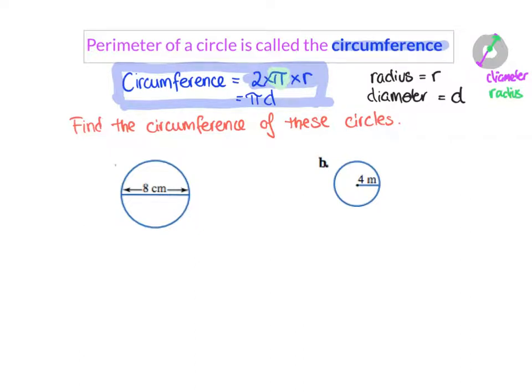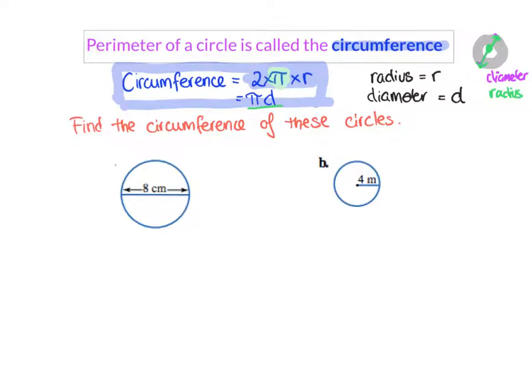So we could use 2 times pi times r, or if you have a look, our diameter is actually made up of 2 radiuses. If you have 2 radiuses from the center to the edge, that equals the diameter. So we can also write the formula as just pi times d.